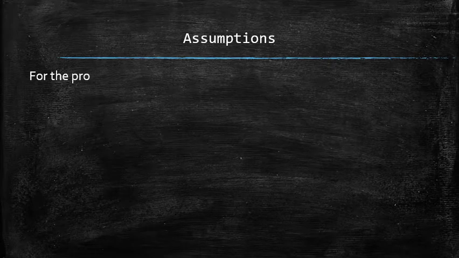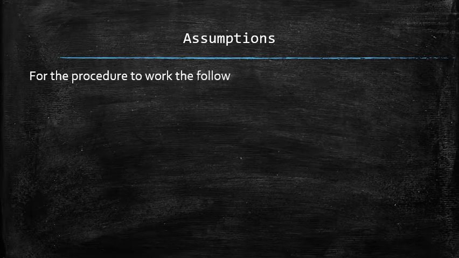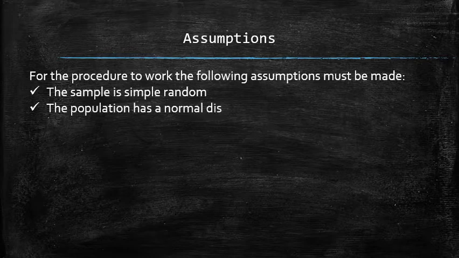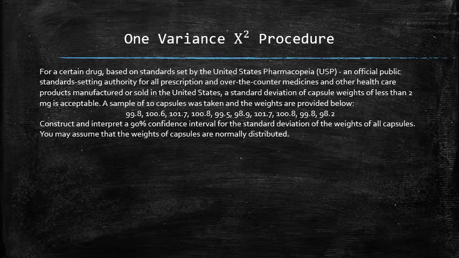For the procedure to work, the following assumptions must be made. The sample must be simple random, and the population must have a normal distribution. Consider the following example.